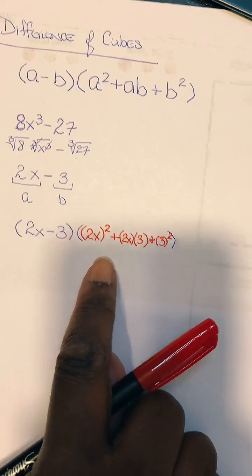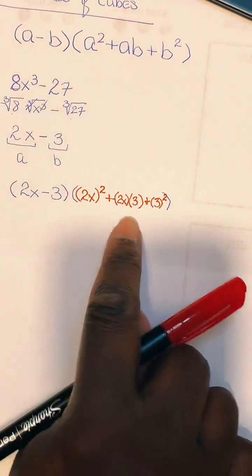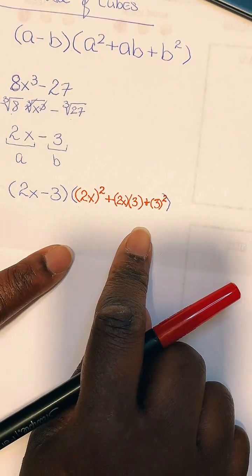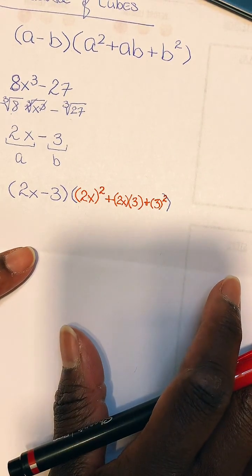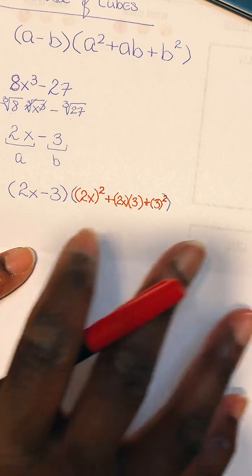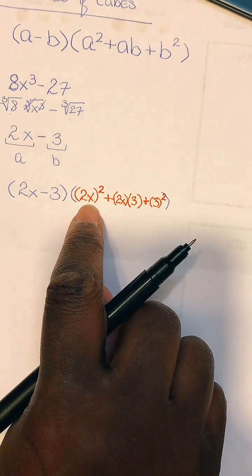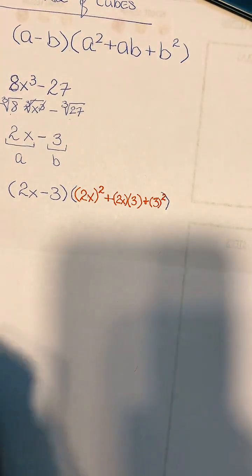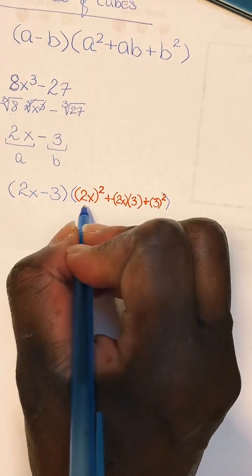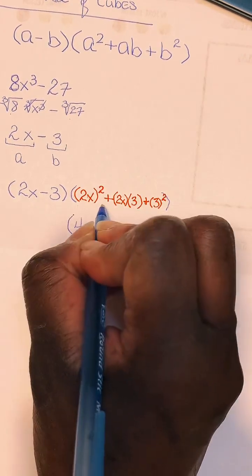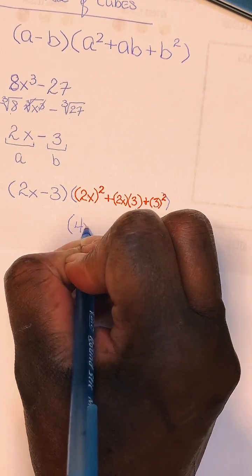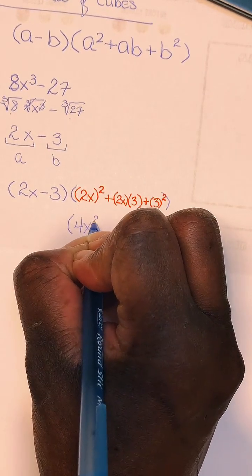So now, let's clean this up. Okay? Well, considering we just learned a little bit about the trinomials, that was a lot. And then the AC method, that was a lot. So now, what goes on inside this parenthesis? 2 squared, that gives me 4. X squared will give me 4x squared.